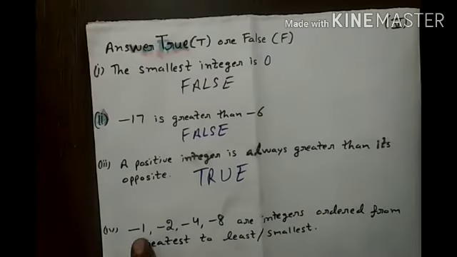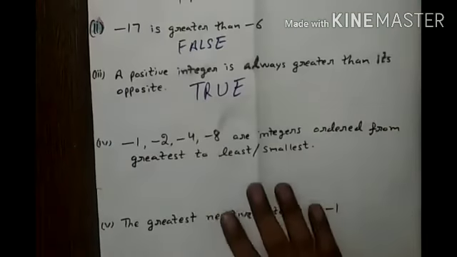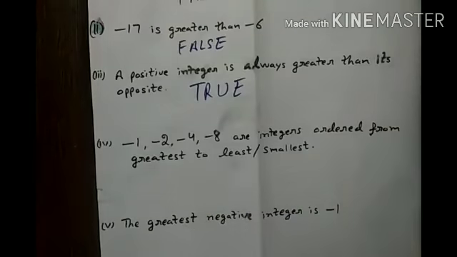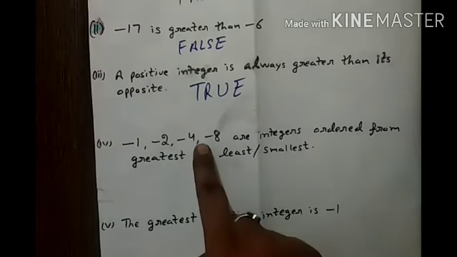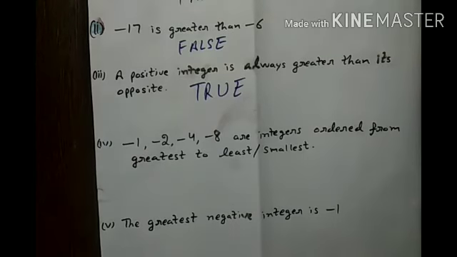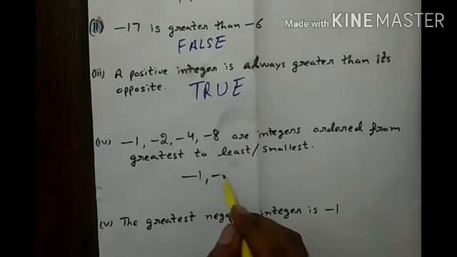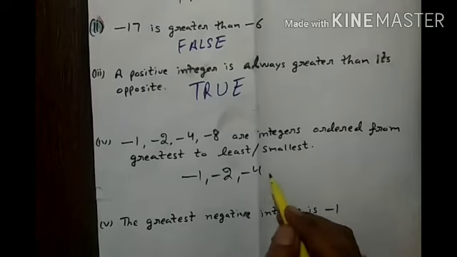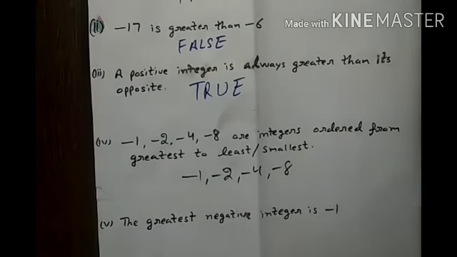Now, minus 1, minus 2, minus 4, minus 8 are integers ordered from greatest to least. Let us check. Minus 1, minus 2, minus 4, minus 8. Now which is the greatest integer among these?